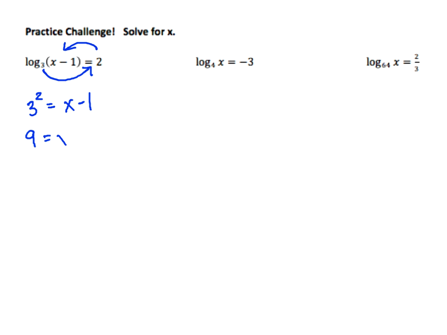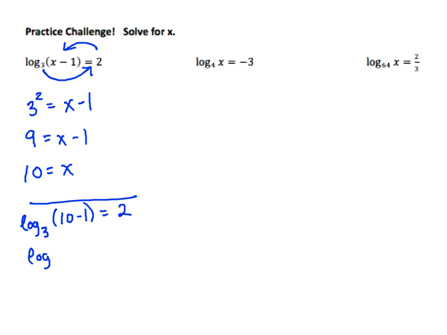So 9 equals x minus 1. Add 1 to both sides. 10 is x. Easy enough. And you can check it by plugging it back in, since it's an equation. So log base 3 of 10 minus 1 equals 2. Log base 3 of 9 is 2. And log base 3 of 9, 2 equals 2.